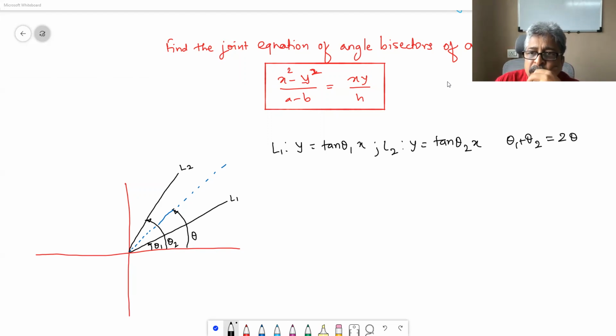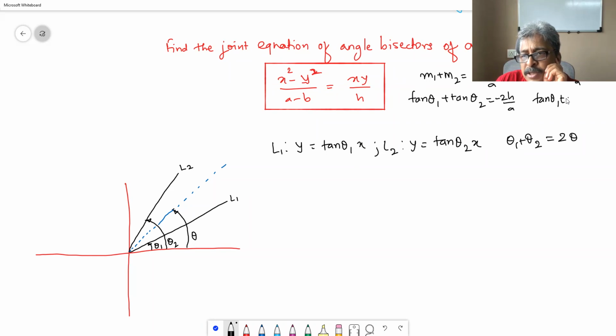What is m1 plus m2? Minus 2h by a, and m1 m2 is b by a. So tan theta 1 plus tan theta 2 is minus 2h by a, tan theta 1 tan theta 2 is b by a, right?